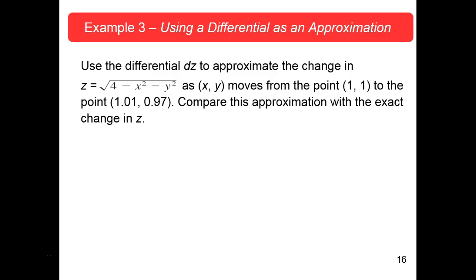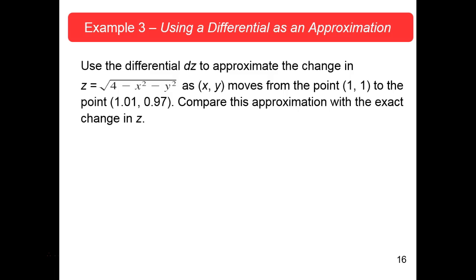Okay. So here's example 3 on page 906. Now, in addition to being on your slide set here, you can also go to larsoncalculus.com for an interactive version of this type of example. Now, it says use the differential dz to approximate the change in z equals square root of 4 minus x squared minus y squared as xy moves from the point 1, 1 to the point 1.01, 0.97.